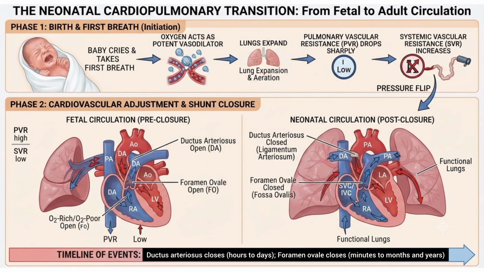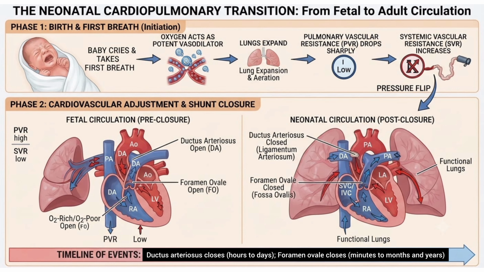The oxygen acts as a potent vasodilator and the ductus arteriosus closes because there is a flip of resistance in PVR and SVR. That is, low PVR and high SVR causes this shunt to close, and just like adults, blood purifies in lungs. Eventually, after some time, the foramen ovale also closes.